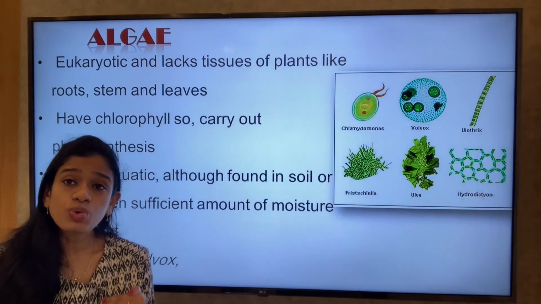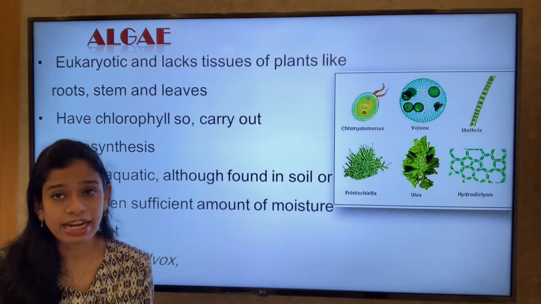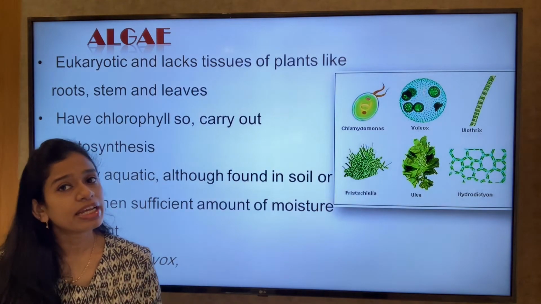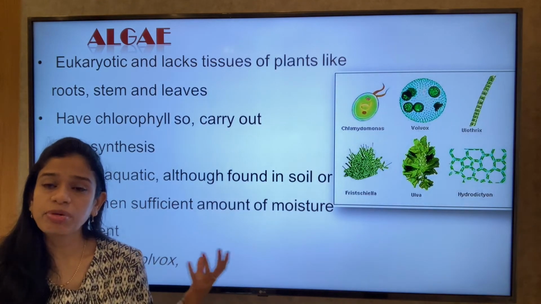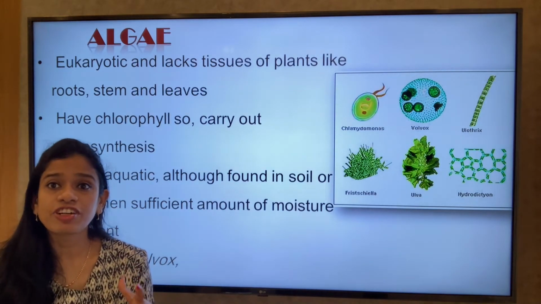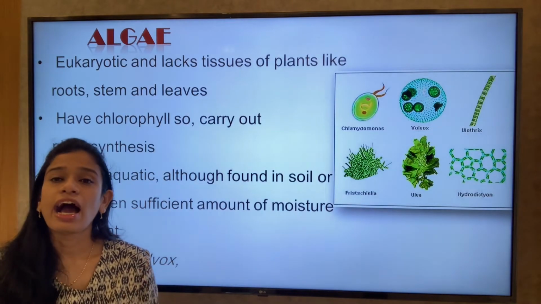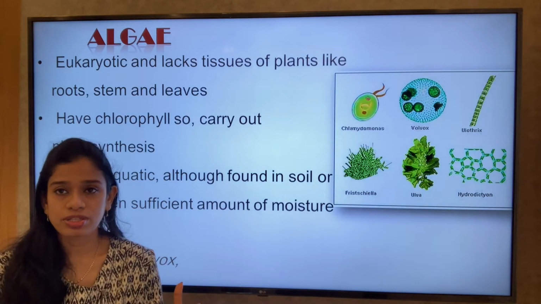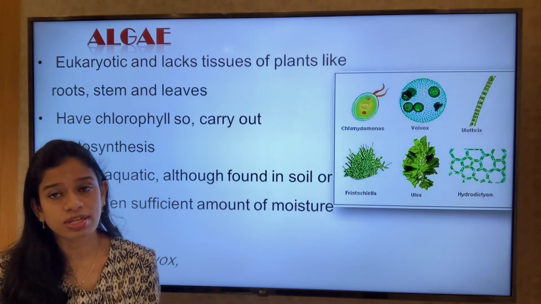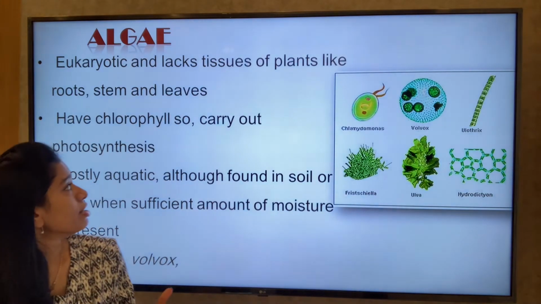Eukaryotic means they have advanced cell types, but they don't have properly differentiated roots, stems and leaves like a plant. They are a green mass which is able to photosynthesize, but it is not well differentiated like that in plants.